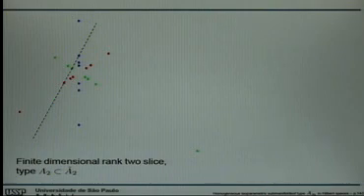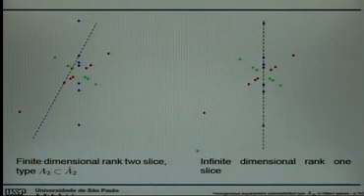We can generalize this notion of slice a little bit to include also cases like this. In this case, we cannot focalize because these lines contain 0 here also, and 0 never focalizes, of course. But we can generalize the notion of slice and include submanifolds like this. In this case, we get a rank 1 slice.